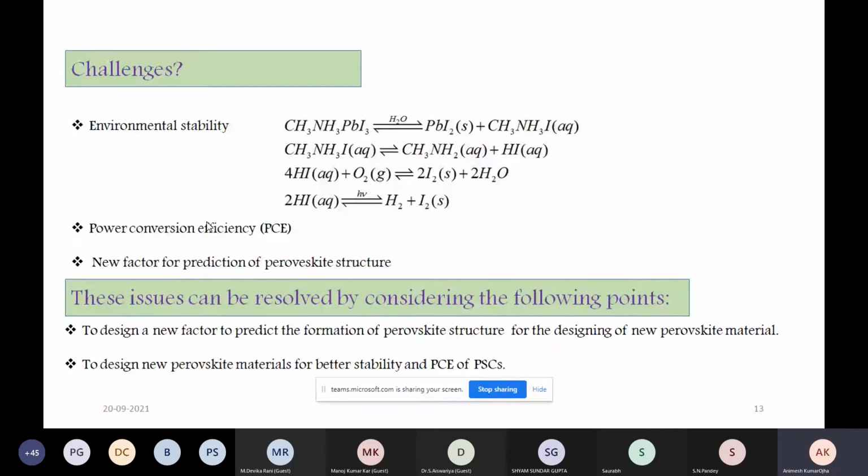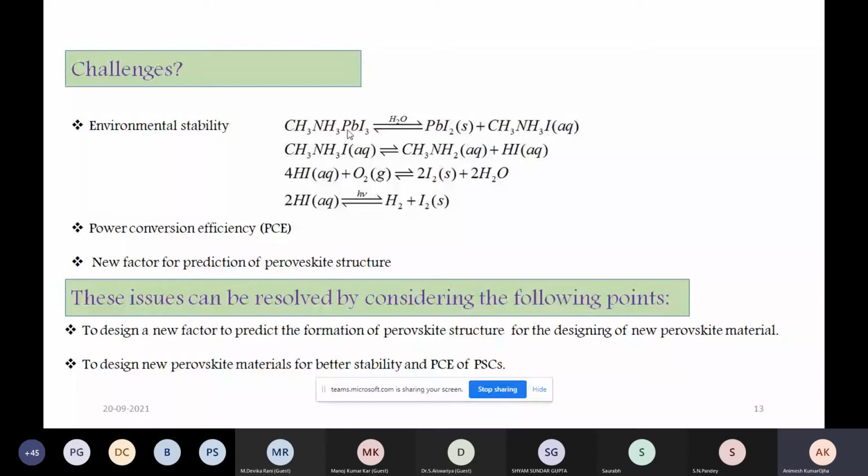So let's have the other part here. What are the challenges with this CsPbI3? The challenges are that it reacts with water, and then it splits into several compounds, like lead iodide and cesium iodide.